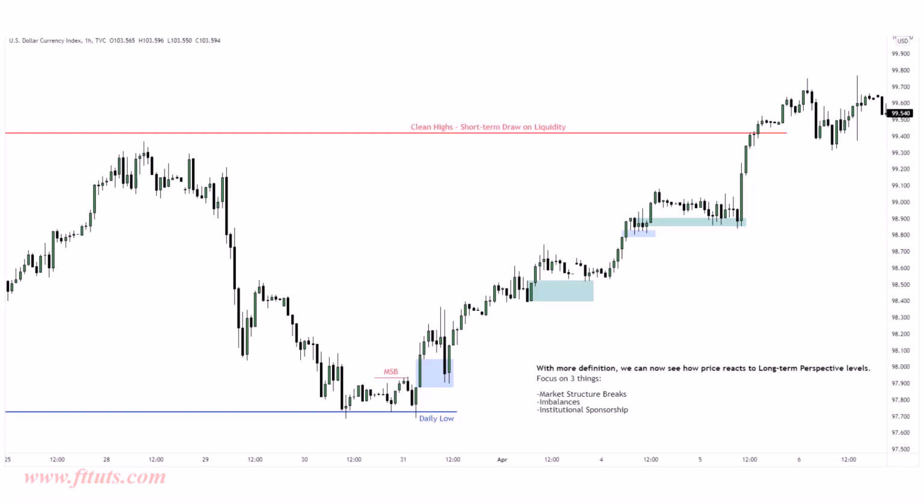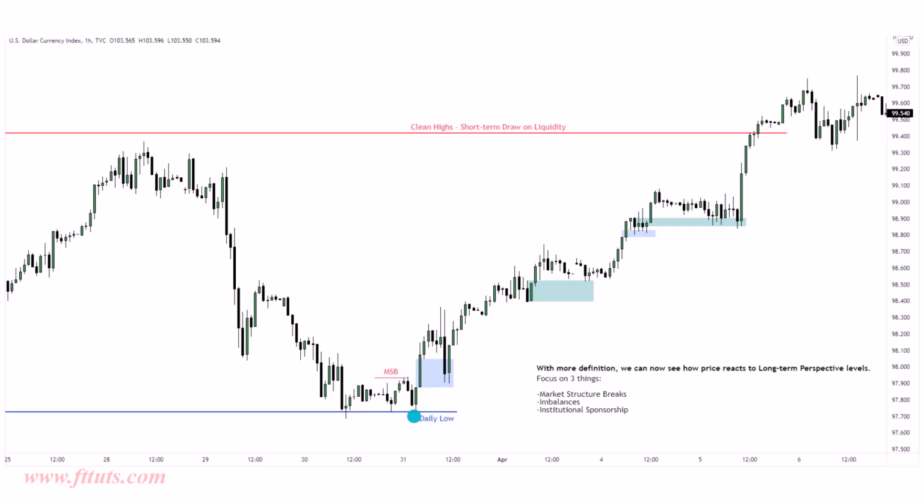With more definition, we can now see how price reacts to the long-term perspective levels. Focus on 3 things: market structure breaks, imbalances, and institutional sponsorship. So you can see over here, this is where the parent order flow was activated, because it's a long-term perspective level, right, from the daily chart.